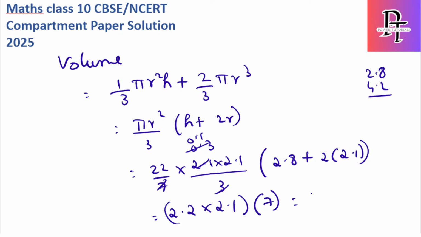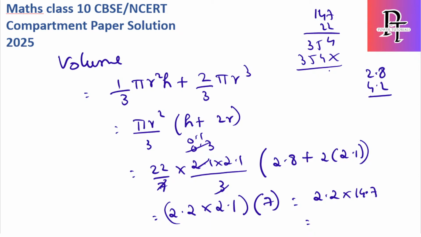So we need to multiply 2.2 into 2.1 into 7 to get the final answer. First I'll multiply these two. 2.2 into 7, so it is 14. 2.2 into 14.7.